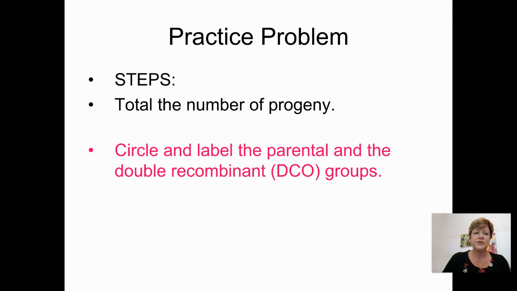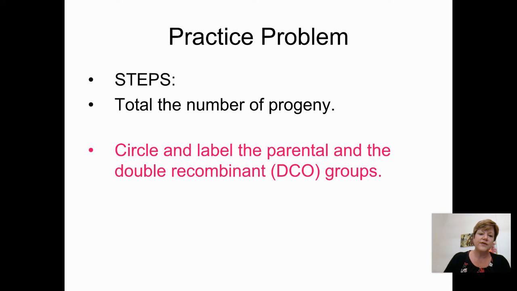So you have to determine the order of the genes. Now, there's really no left or right, but there is a gene that's in the middle. What I'm saying is if the gene order is A, B, C, or C, B, A, either way, B is in the middle in that example. You can rotate the chromosome, but the one that's in the middle will always be in the middle no matter how you rotate it.